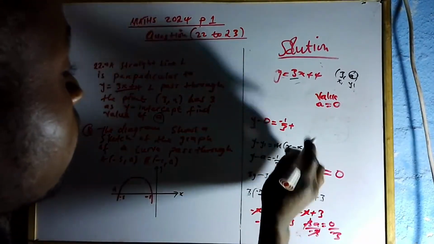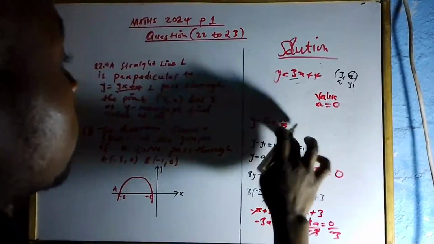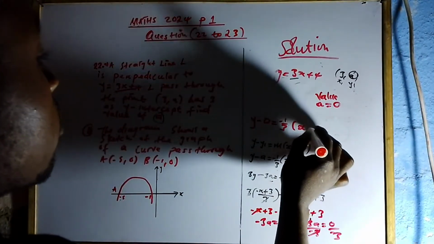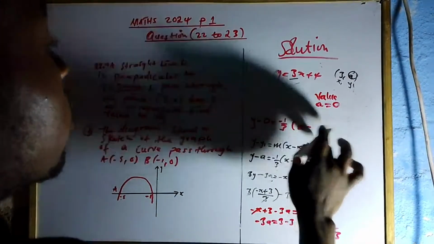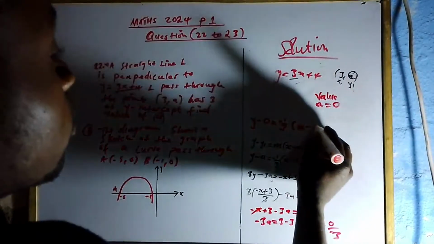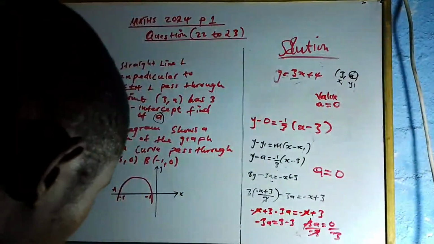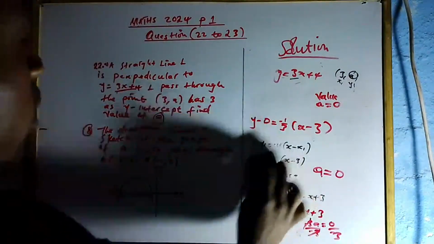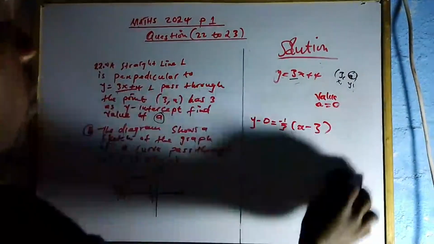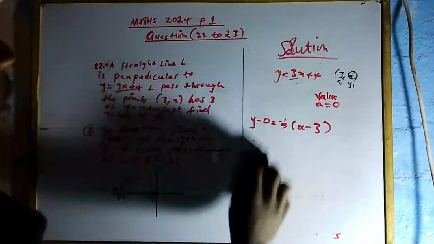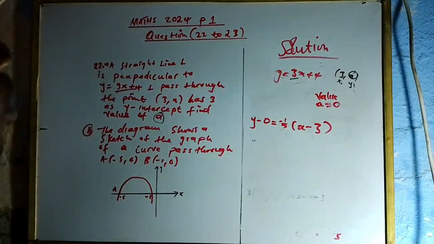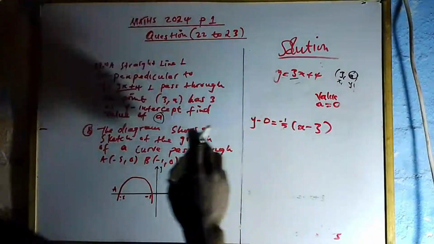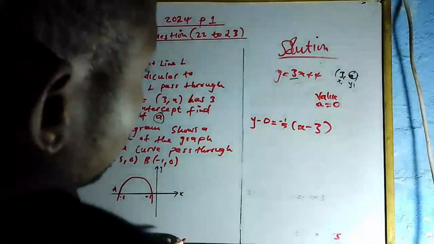Here you're going to have, let's open bracket, x minus x1, we have 3. Let's create a space here, because we have already found the value of a. Now I'm just trying to show you that a is equal to 0.